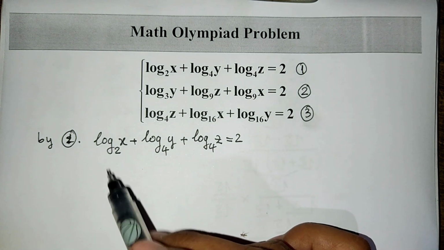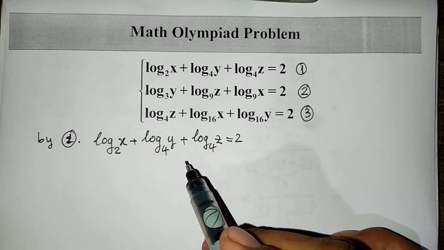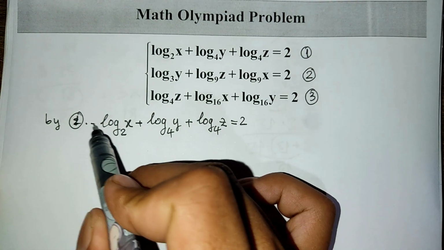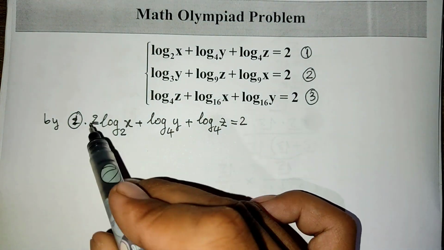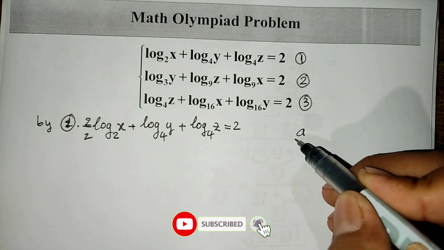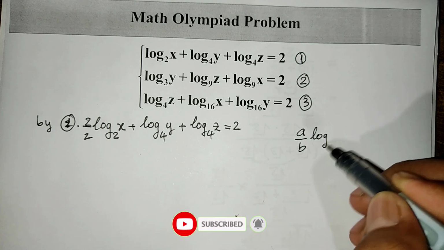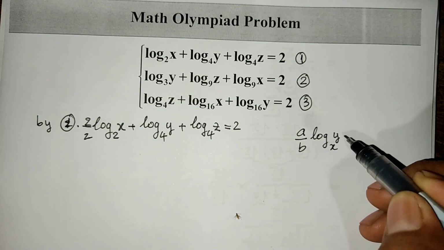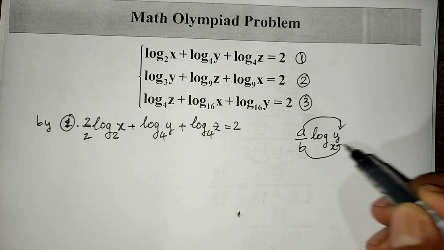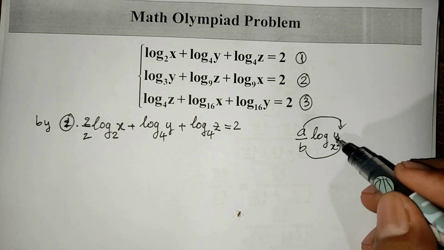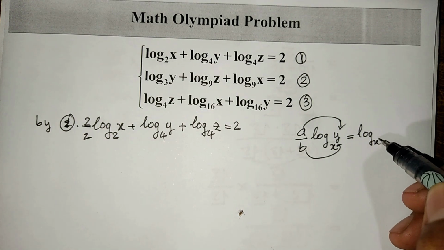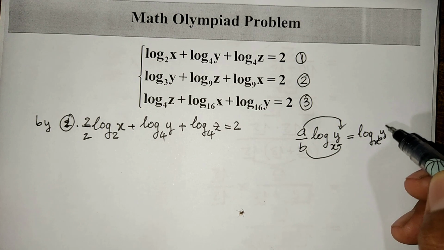So now I change it to the same base, multiplying by 2 divided by 2, and we use the formula that a times log base h of y equals log base h to the power b of y to the power a.